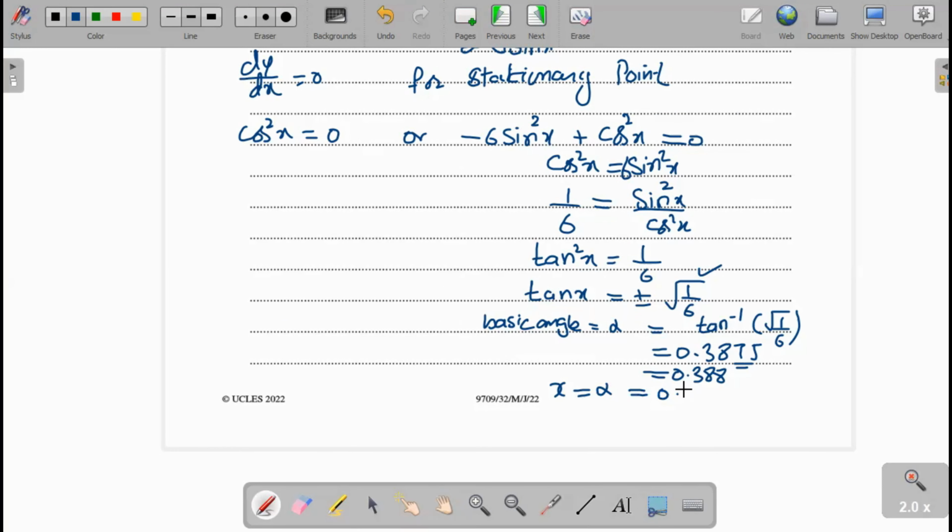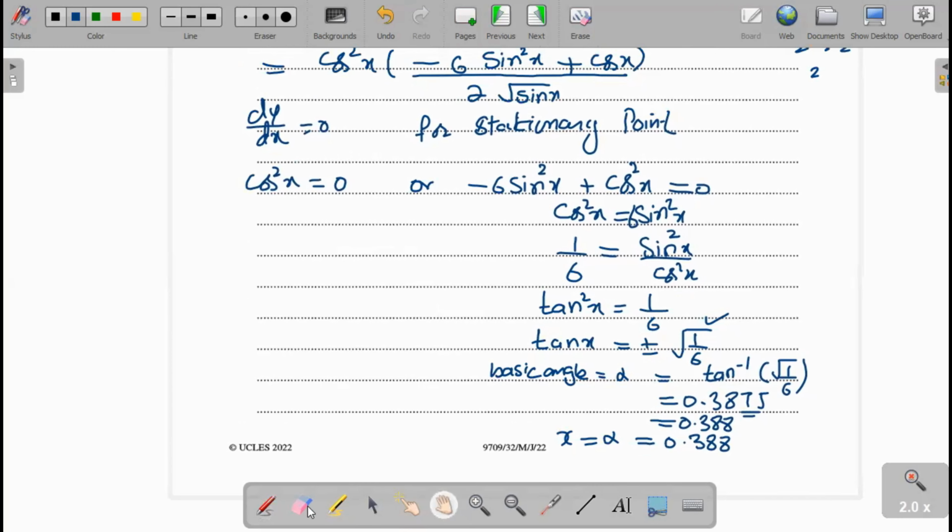and that will be equal to 0.388. But for the second value, cos square x equal to 0, then cos x will be equal to 0, then x will be equal to cos inverse 0, and x will be equal to pi over 2 and 3 pi over 2 and 3 pi over 4.